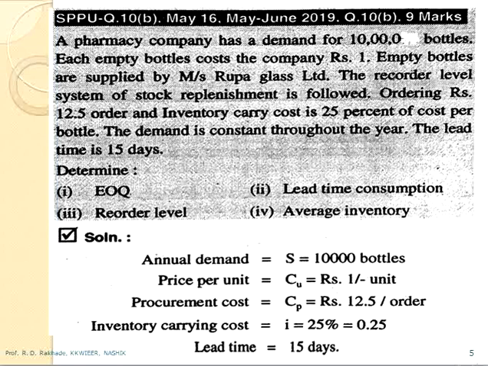Ordering cost is ₹12.5 per order and inventory carrying cost is 25% of cost per bottle. That means the procurement cost CP is 12.5 per order, and the inventory carrying cost, small i, is 25%, meaning 0.25. Then, given that the demand is constant throughout the year, the lead time is 15 days.